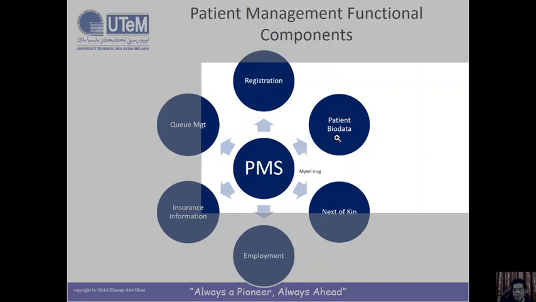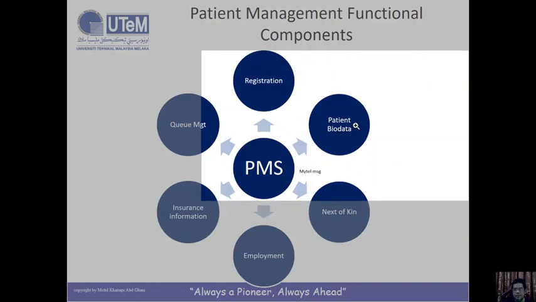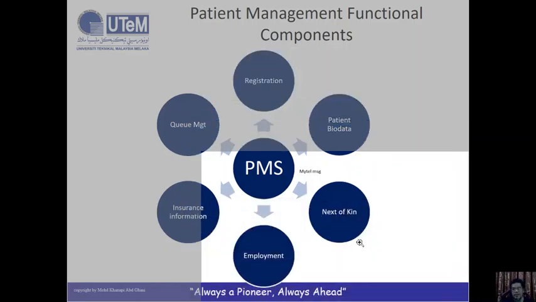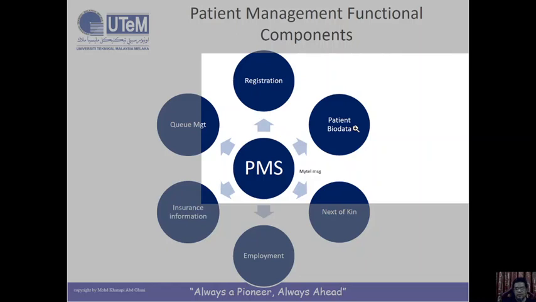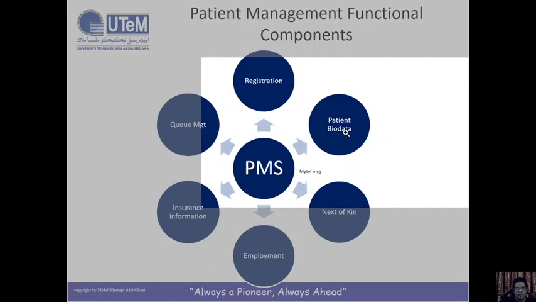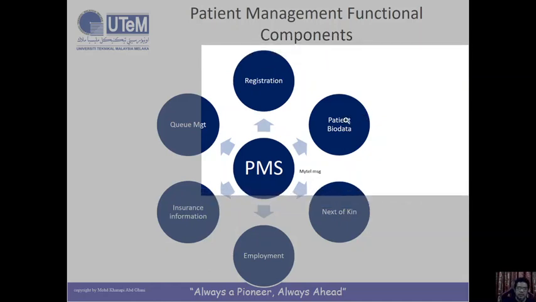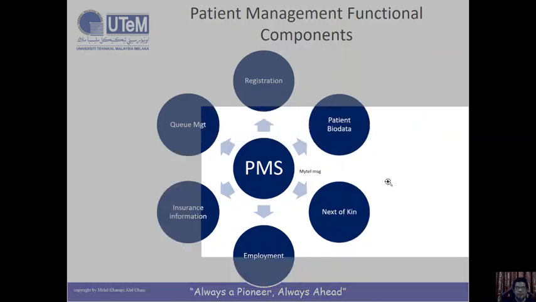Or you want to know about the next of kin, further information about the patient. So you enter the next of kin of the patient. Next of kin is very important in case something happens to the patient. So you have a contact, a person to be referred. Let's say this patient is unconscious, and then you can get the next of kin information, or family information.